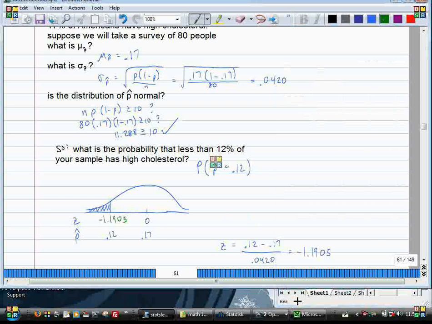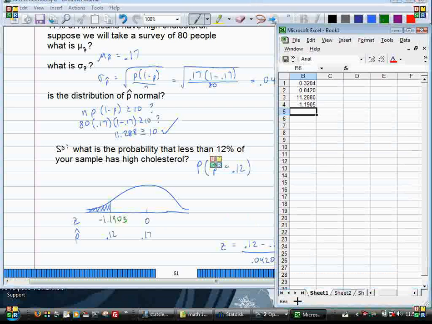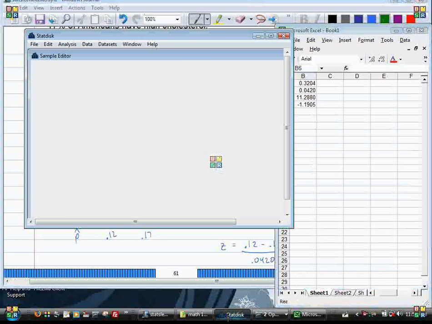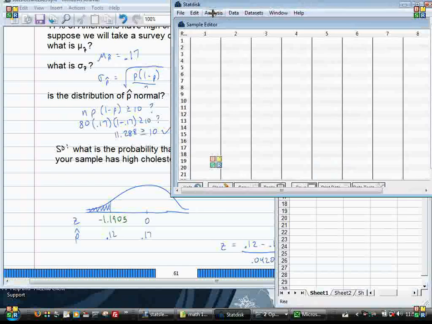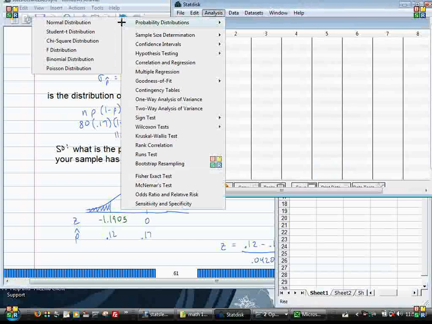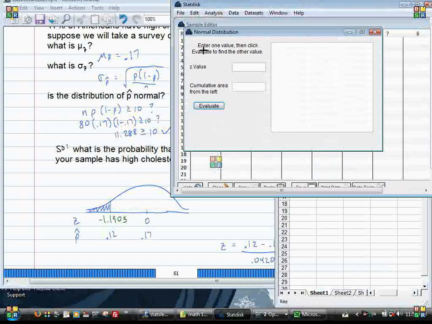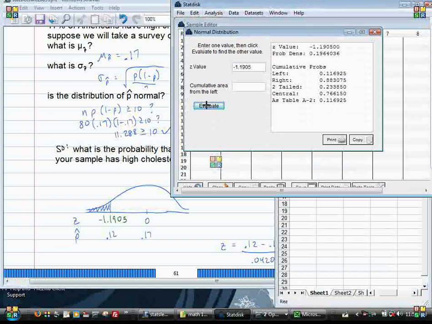Let's, for practice, go ahead and use StatDisk. What do I punch in? That's my z-score. And what do I need? Area to the left. It's right there to 4 places: 0.1169.